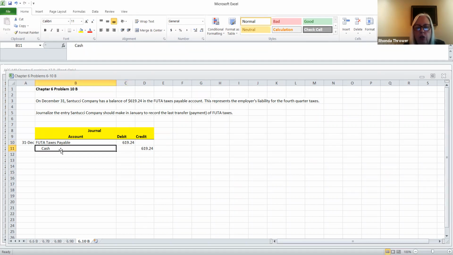Our cash is credited because cash is going down, and to make the asset cash go down, you would credit it for $619.24. So this is a journal entry where they're showing that the employer is handing over to the government the amount of their federal unemployment taxes that are owed.